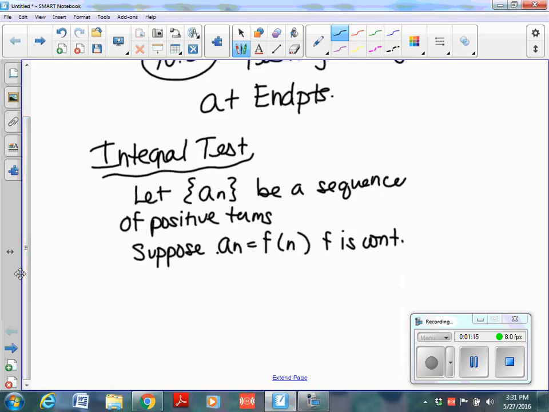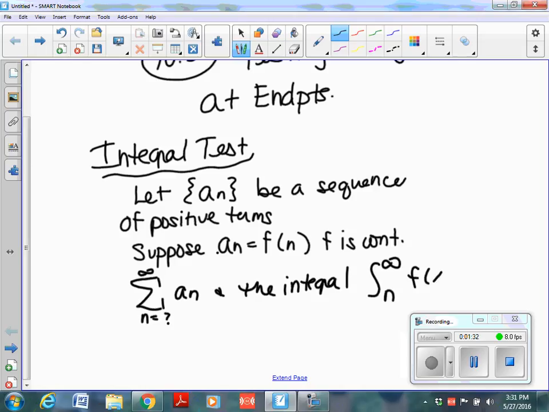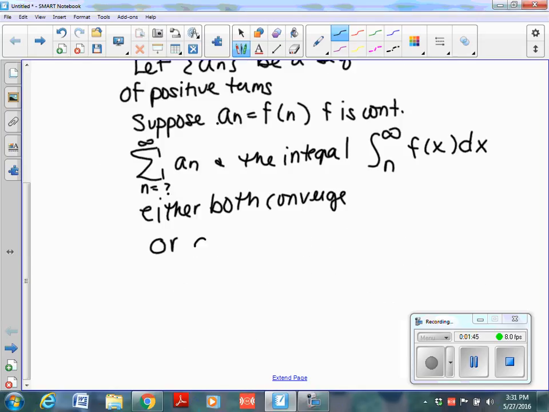Basically, this is what it's saying: the series from n equals some number to infinity, and the integral from n to infinity of f of x dx, either both converge or diverge.